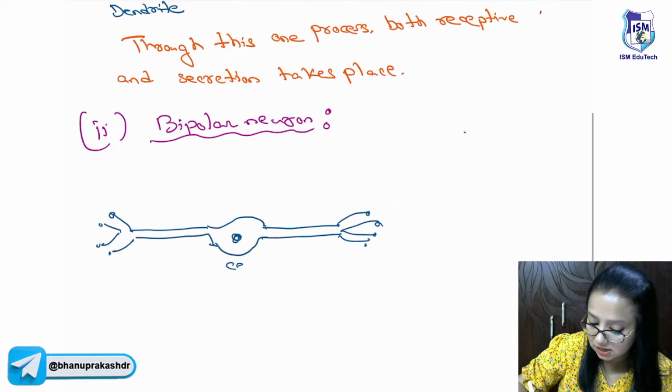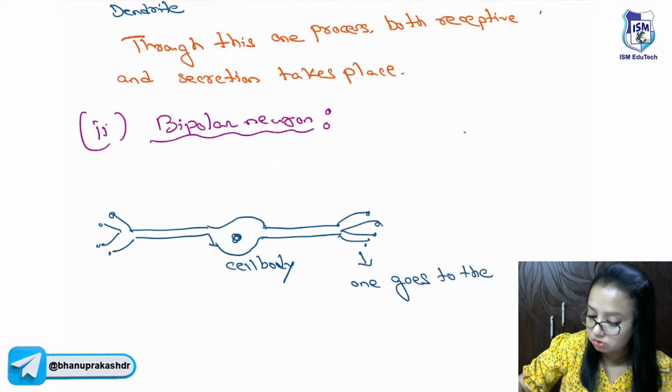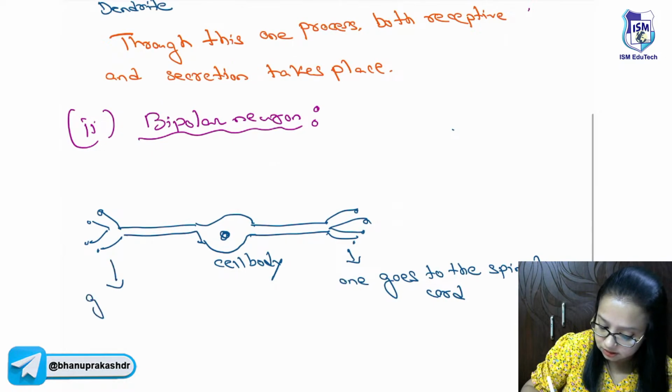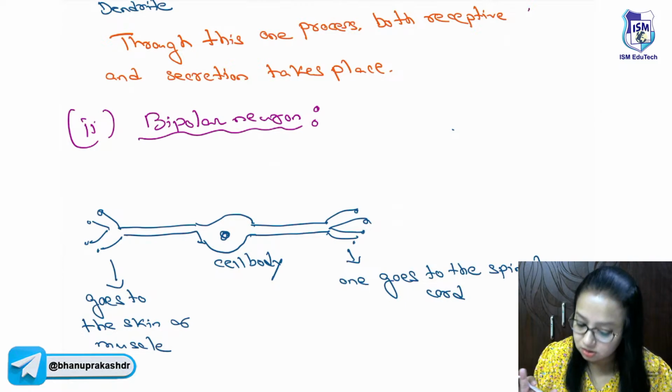Now this is the cell body, and this is one part that goes to the spinal cord, and the other part goes to the skin or muscle.